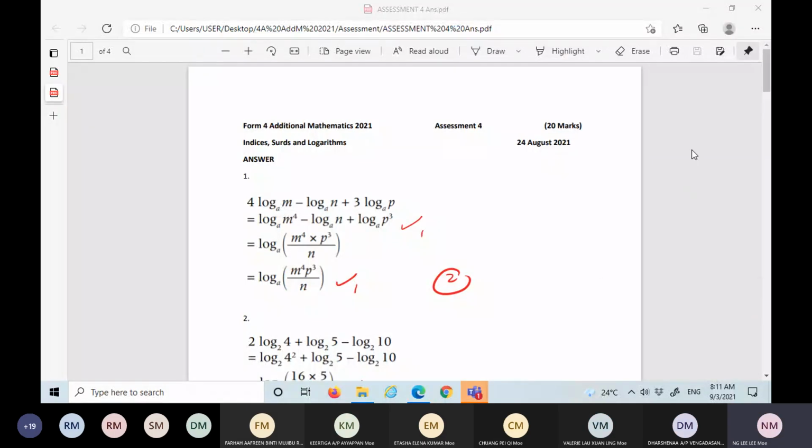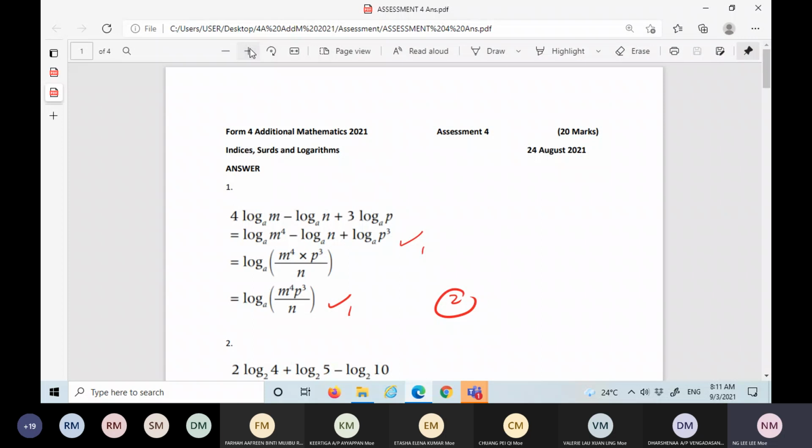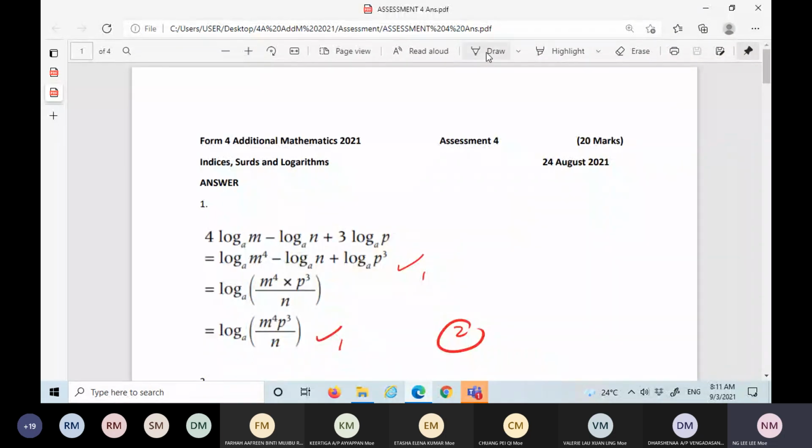Okay, can you see the answer? Someone on the mic? Hey. Why can't I hear you? Someone on the mic and say, can you see the answer or not?